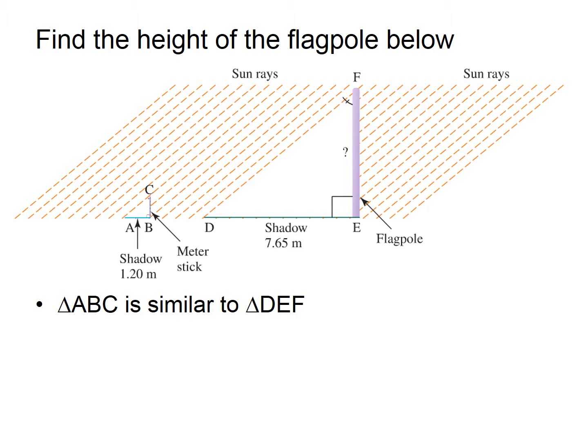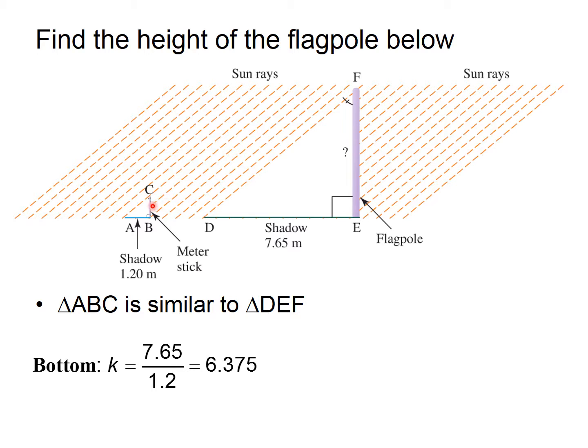So again, we've got similar triangles, and let's find the scale factor k. Let's look at the bottom side here. To go from 1.2 up to 7.65, I would need to multiply by 7.65 over 1.2. Do that arithmetic, I get 6.375. So there's my scale factor k.